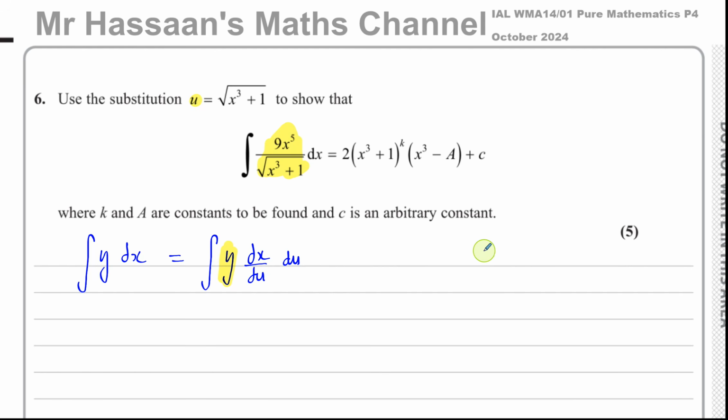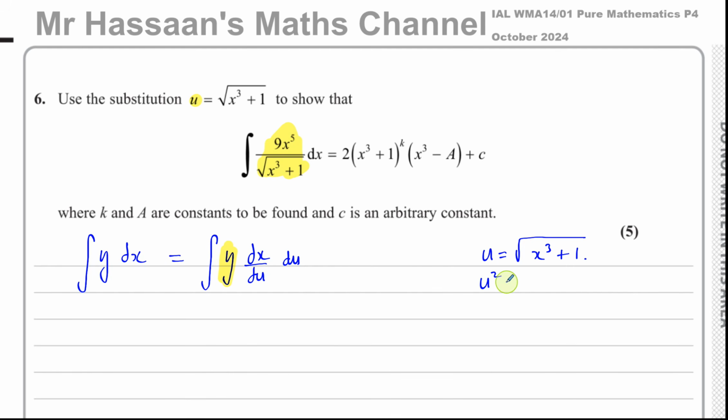Here we have u equal to the square root of x cubed plus 1. If I differentiate this directly, I'm going to get a bit of a complicated expression. So I'm going to square both sides to get rid of the square root.